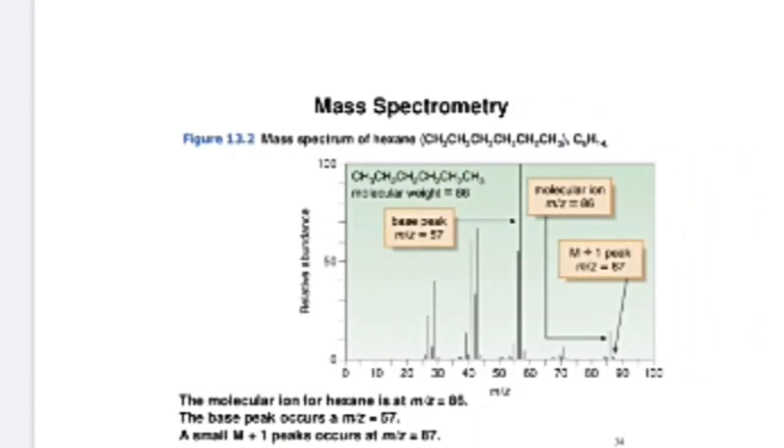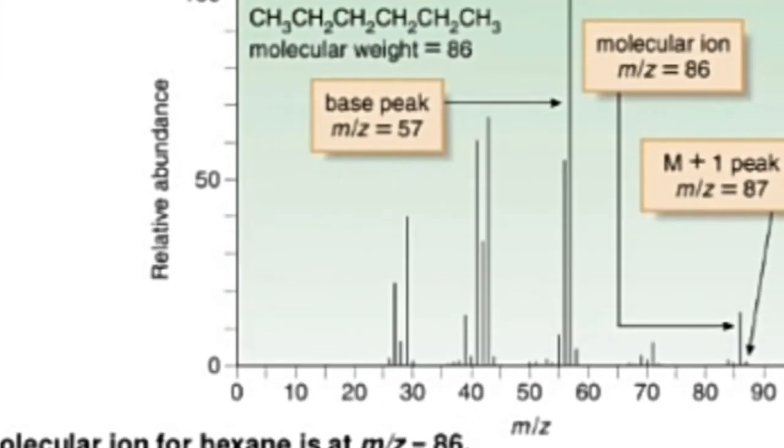This is another example, the mass spectrum of hexane. Here you can see clearly that the molecular ion M/Z value is 86. This is the parent ion.